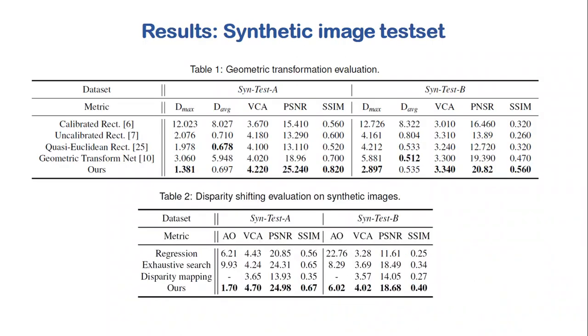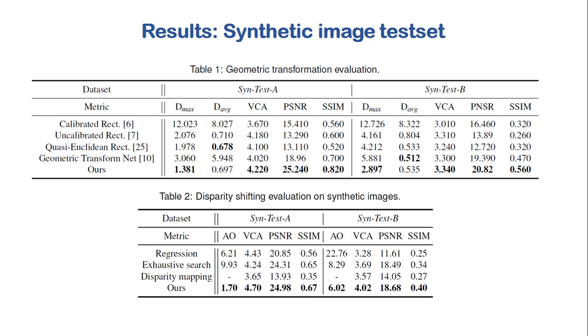For experiments, we randomly transform images from a stereo image dataset to produce low-quality stereoscopic images as synthetic images. Based on these synthetic images, we evaluate our method in two separate tasks: geometric transformation and disparity shifting.